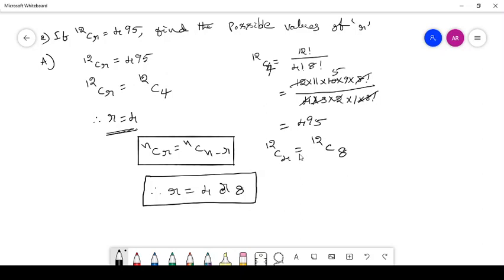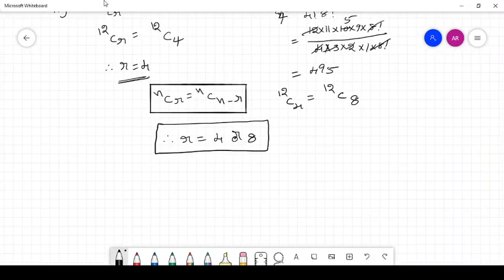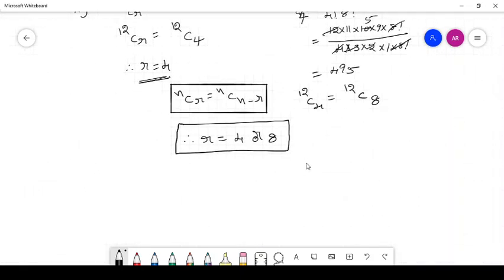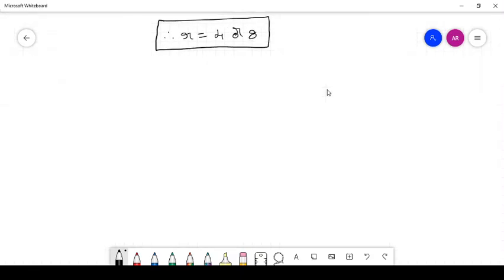Next, one more problem. If 10 into nC2 is equal to 3 into (n plus 1)C3, find n.